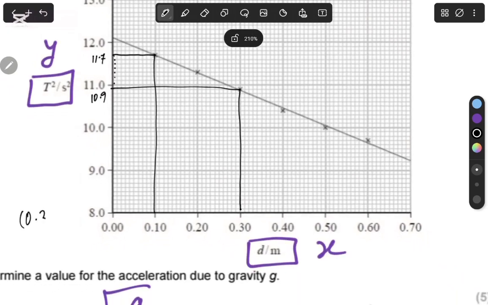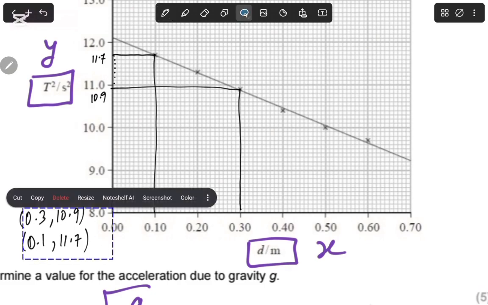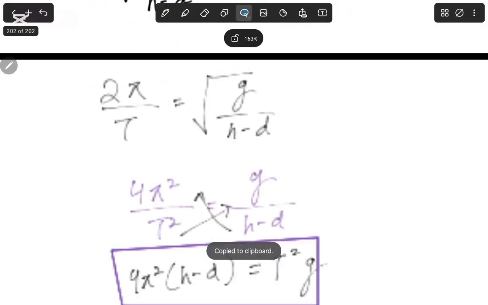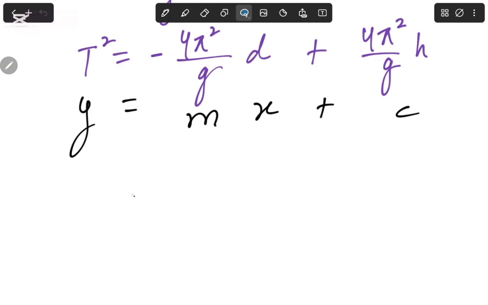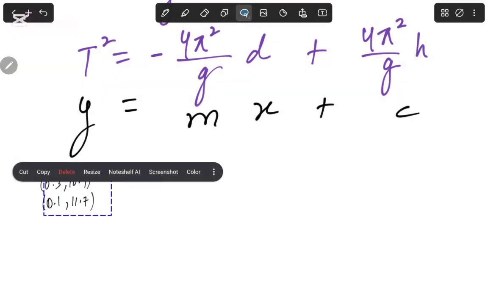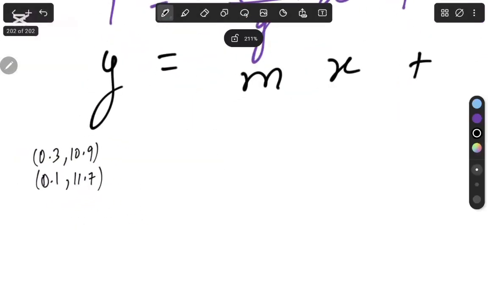So 0.3, 10.9, and then 0.1, 11.7. Alright, I'm going to take that. Let's copy that, bring it down, and put this one right over here. Right, that's perfect. So this is x1, y1, x2, y2.